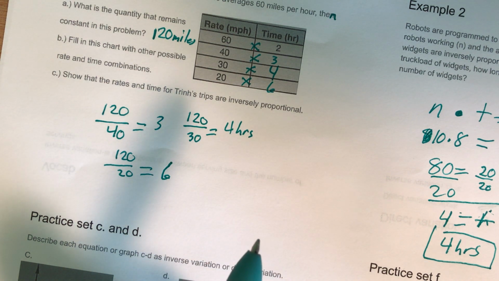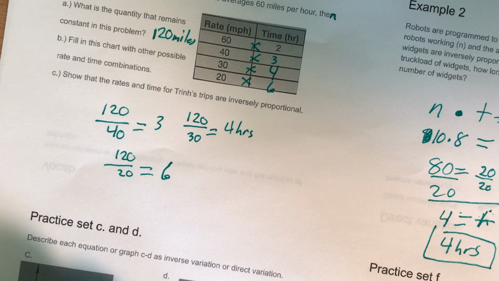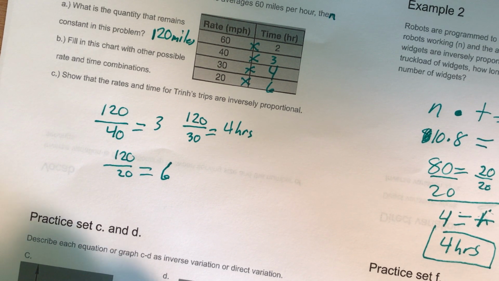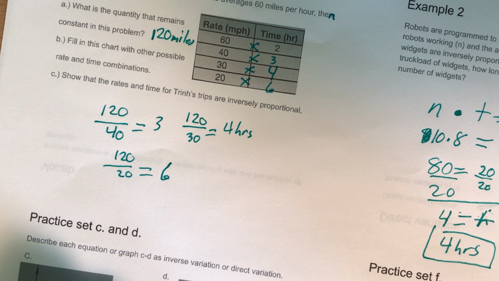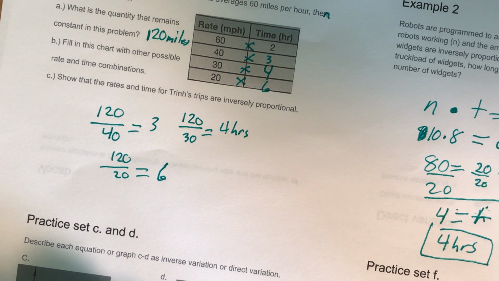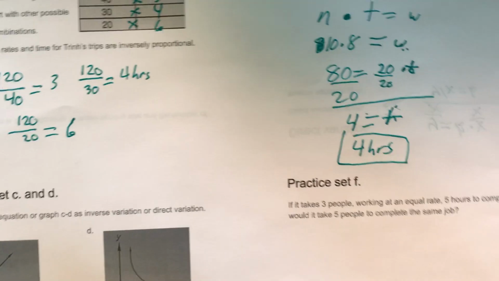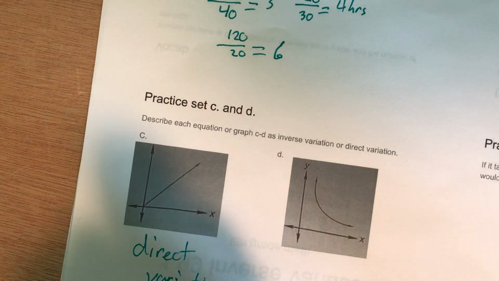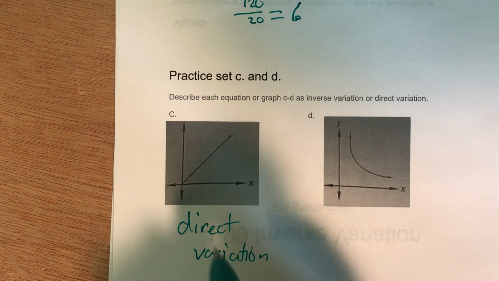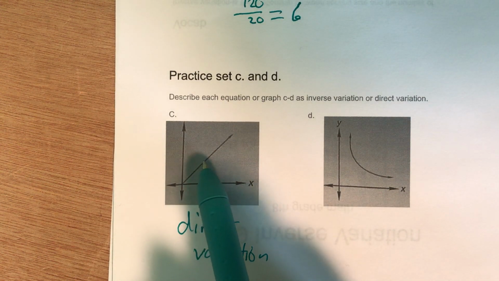So, I would say this one is going to be direct variation. Now, one thing you can think of: the reason this one would be direct variation is, look at this.